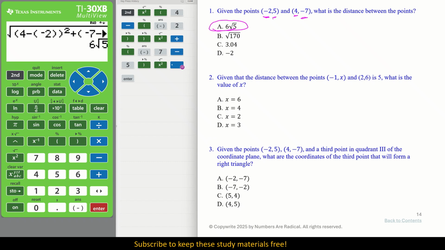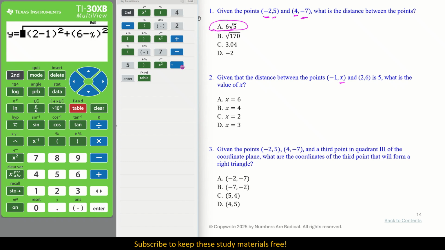So let's move on. Given the distance between the points (-1, x) and (2, 6) is 5, what is the value of x? Well, this is an opportunity for us to use our table function, because we're just looking for this one variable.